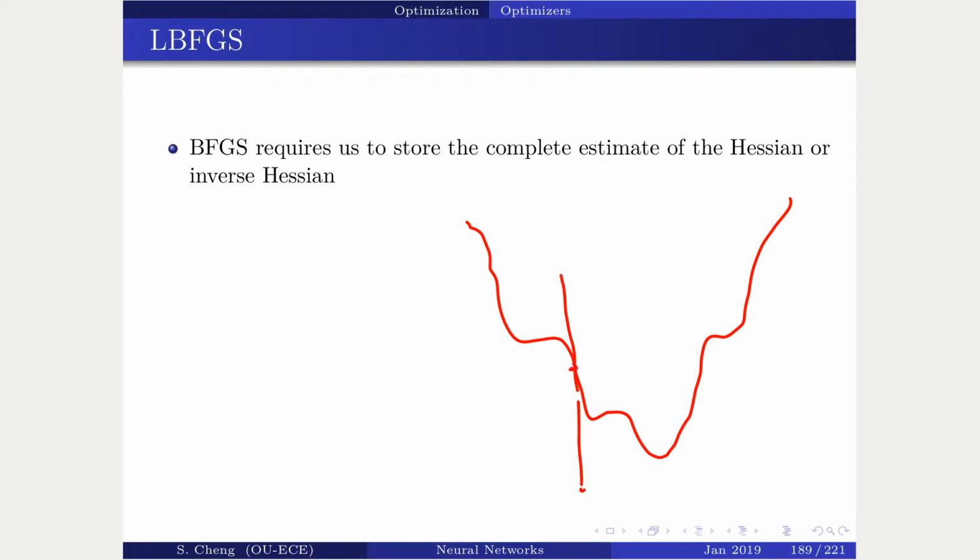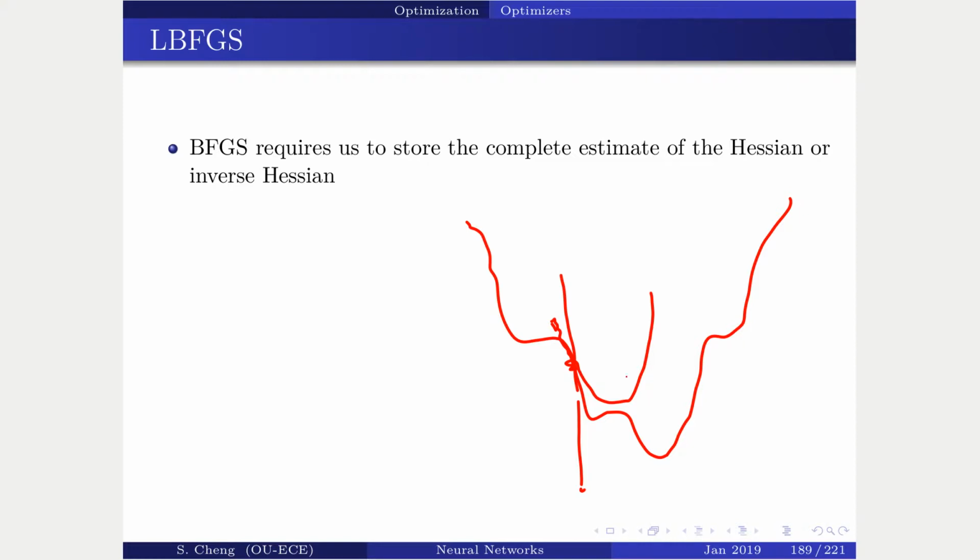At this point I use not just the slope, the gradient, but also the curvature, the Hessian, to approximate a parabola, or in high dimension an ellipsoid. Then you find the minimum there.